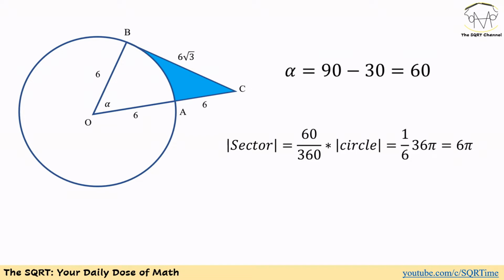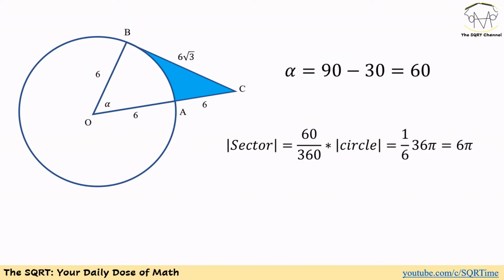The other way, which is easier here, is to find that, first of all, the triangle that we have is a right triangle, so B is 90 degrees. We also note that the value that we have for OC is 12, and the value that we have for OB is 6.